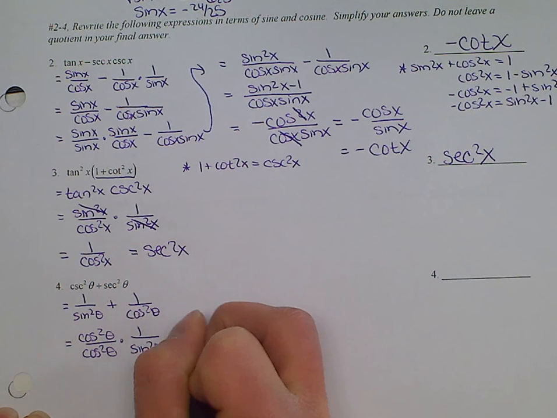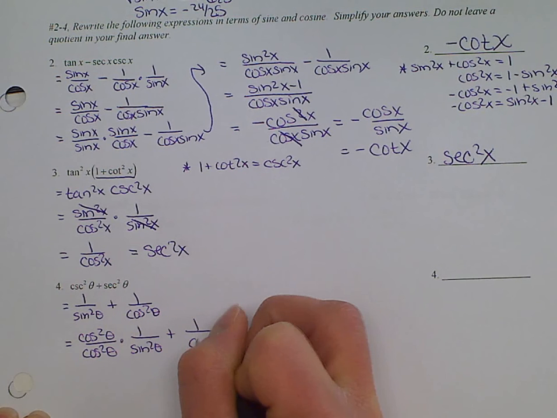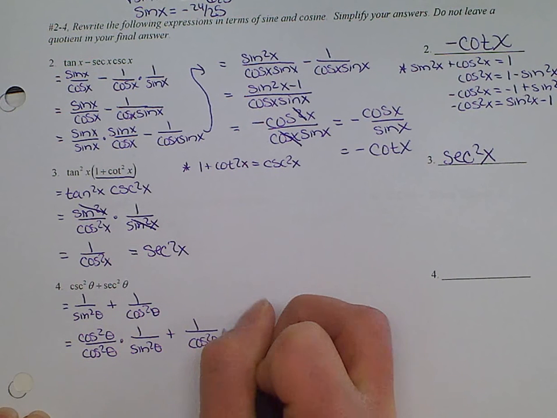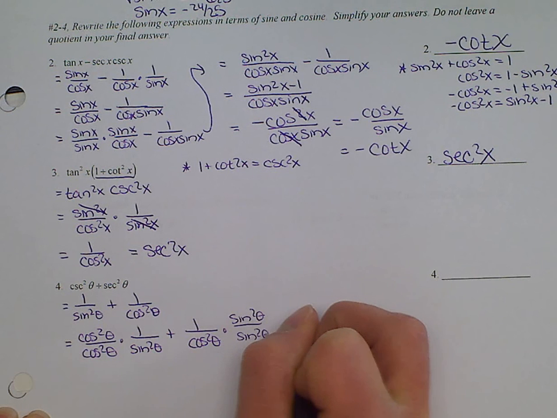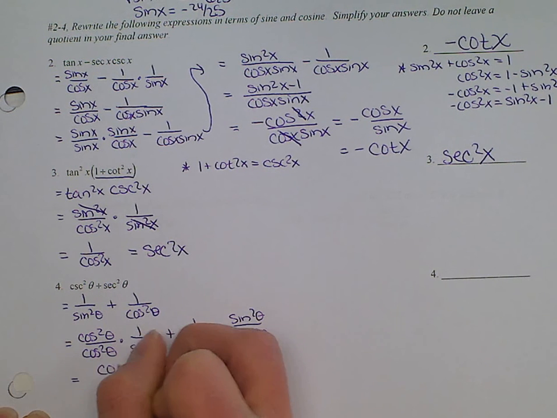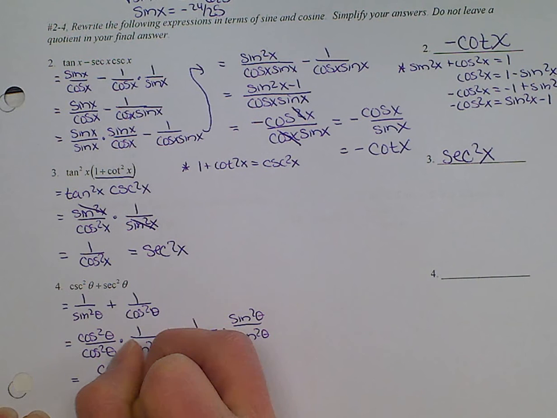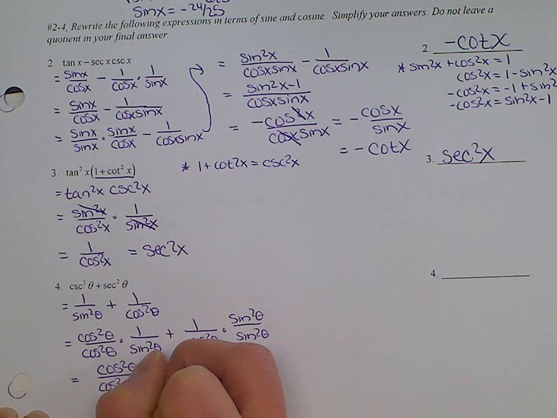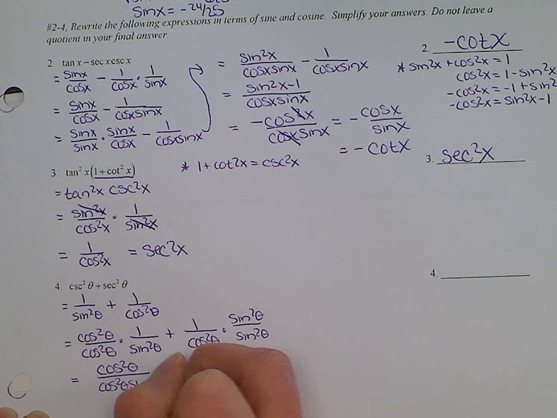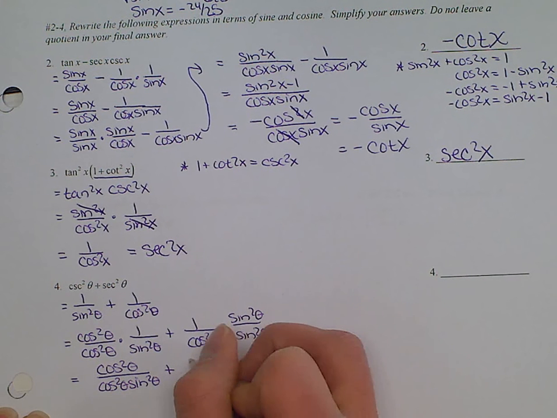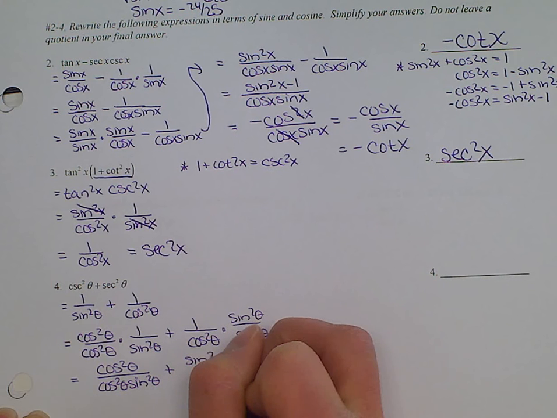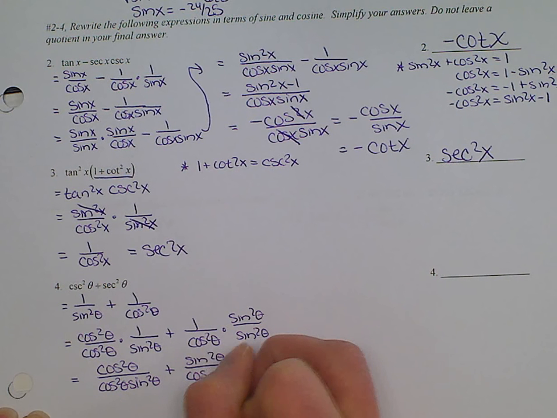We have to multiply 1 over the cosine squared times the sine squared over the sine squared. So we end up with a cosine squared over cosine squared times sine squared plus the sine squared over the cosine squared times the sine squared.